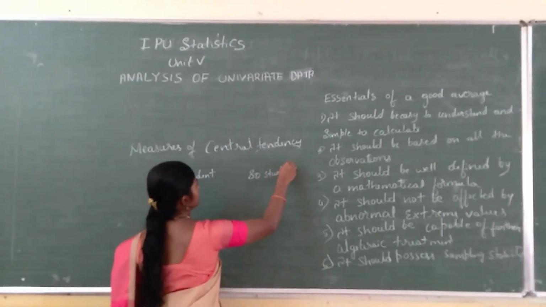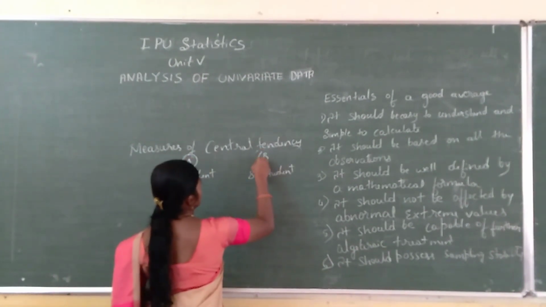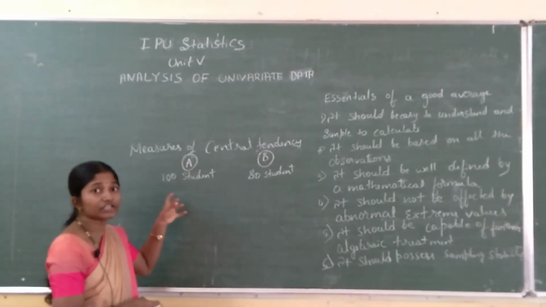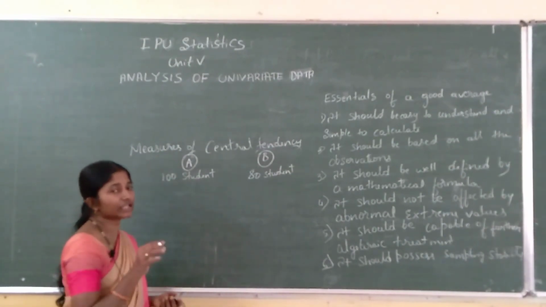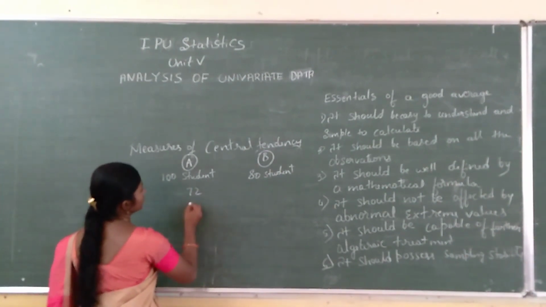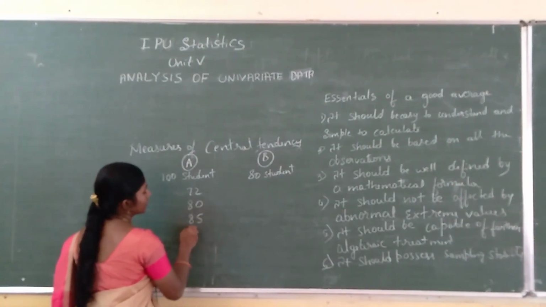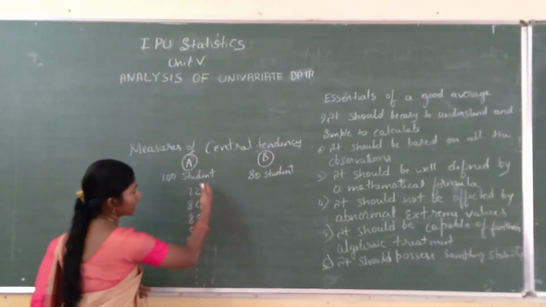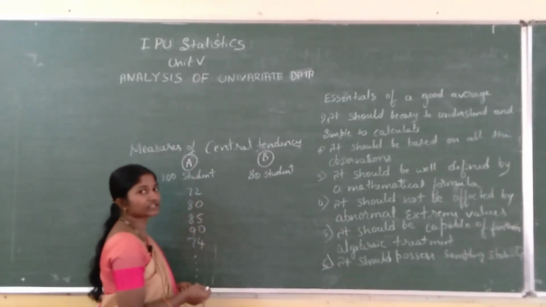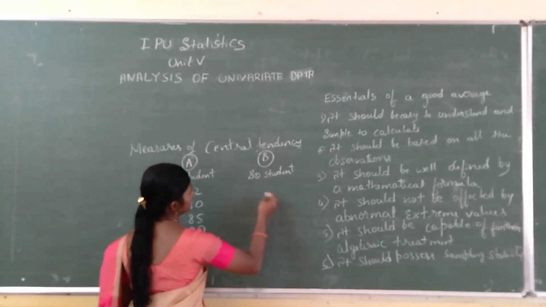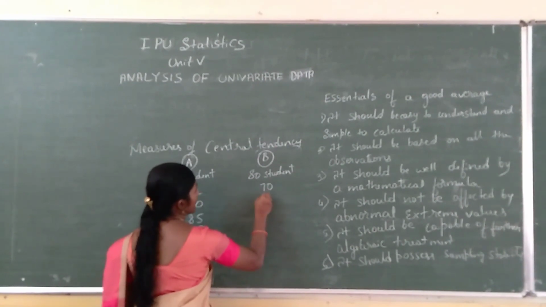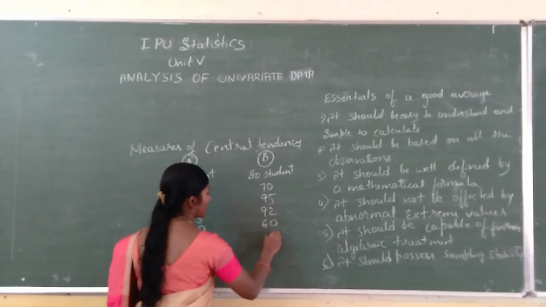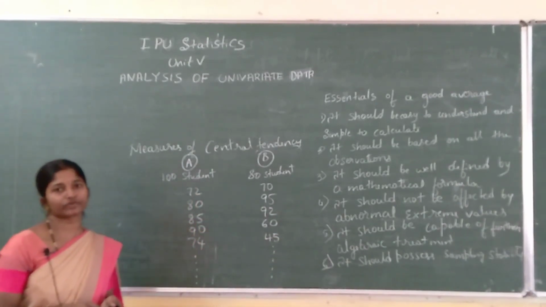I will take this one as group A and this one as group B. In group A, I write how many marks each has got, that is 72, 80, 85, 90, 74, etc. Here the 80 students have got marks like 70, 95, 92, 60, 45, and so on.